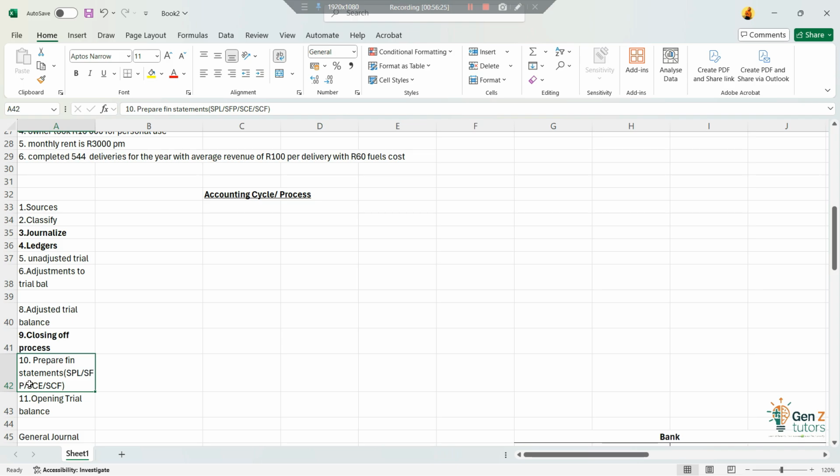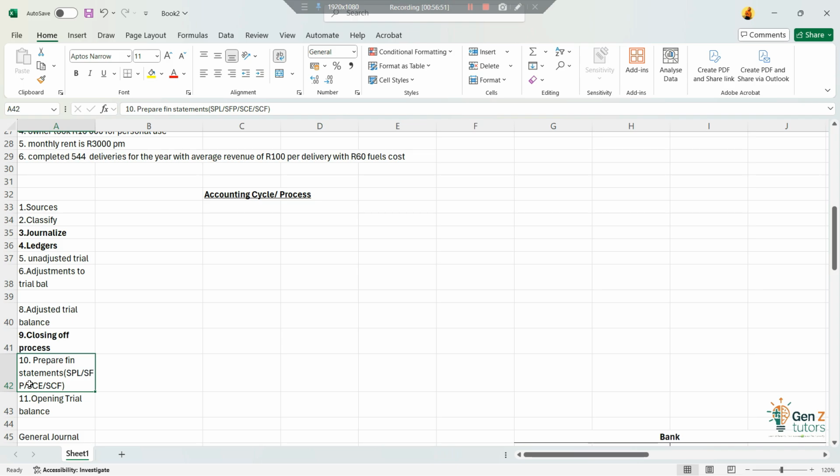Is that SPL, SFP, and SCE, they are all prepared using the accrual basis of accounting, which is part of the IFRS principle, right? But now we want to measure the cash that is actually flowing in and out of the company, which means we have to prepare the statement of cash flows in the cash basis of accounting, not the accrual.